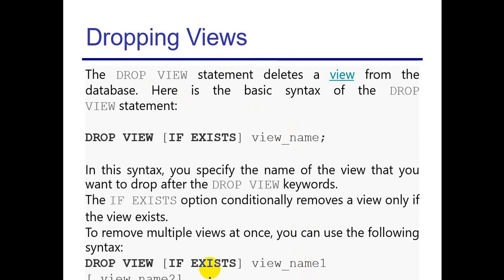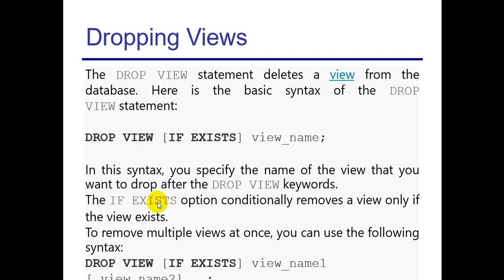So the syntax is drop view if exists and the view name. In the syntax you specify the name of the view that you want to drop, and the drop keyword is used, drop view. For table we write drop table, and for view we write drop view instead.